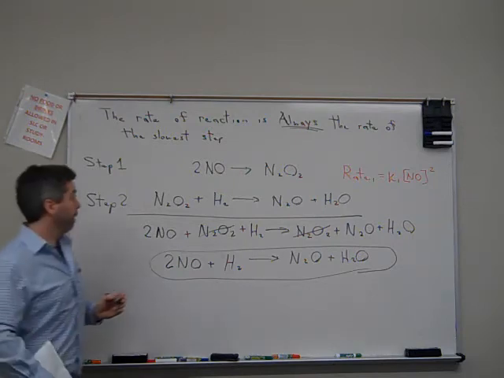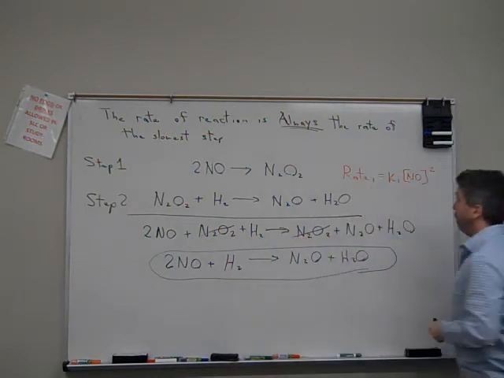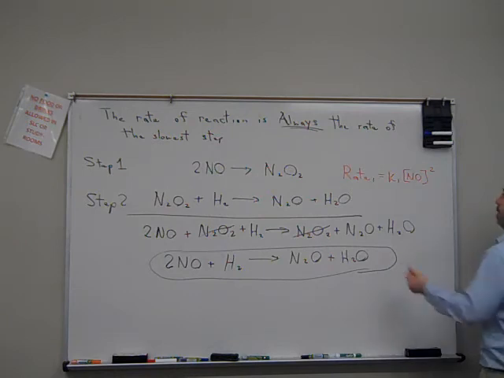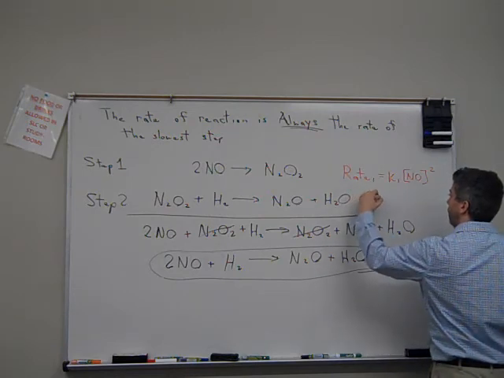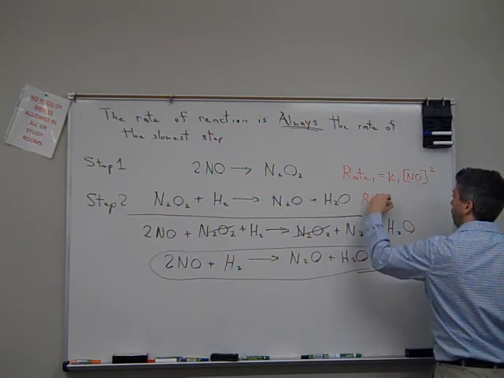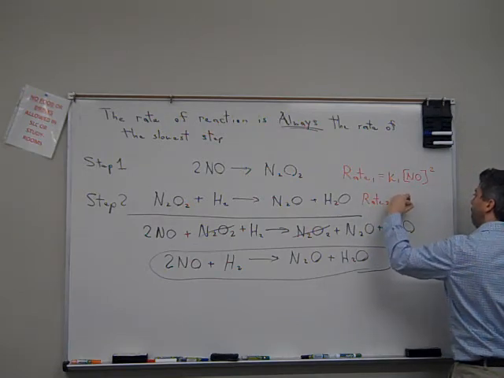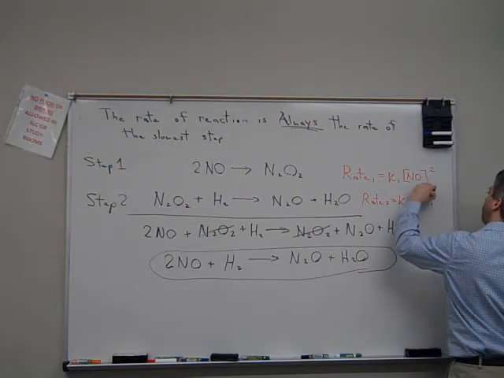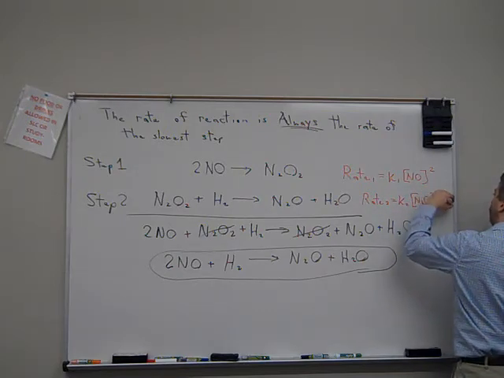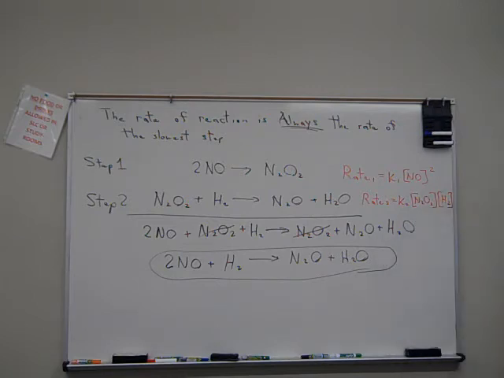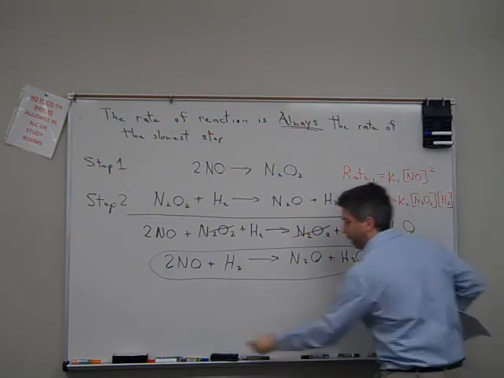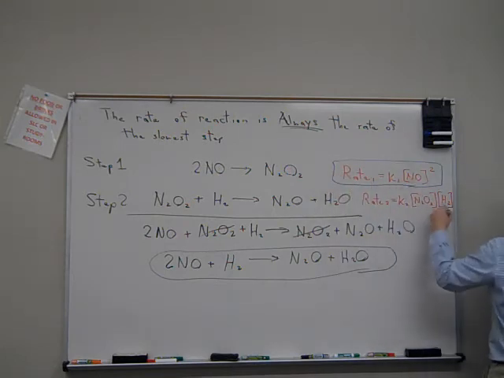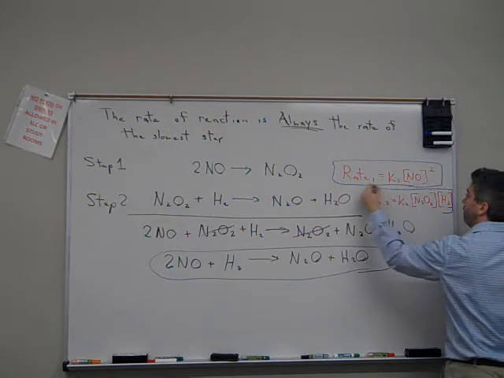Okay, good. So now, if I wanted to write the rate law of the second elementary step, I could do the same thing. The rate for step number 2 is equal to K2 times the concentration of N2O2 times the concentration of H2. So this is the rate law for elementary step 1, and this is the rate law for elementary step 2.